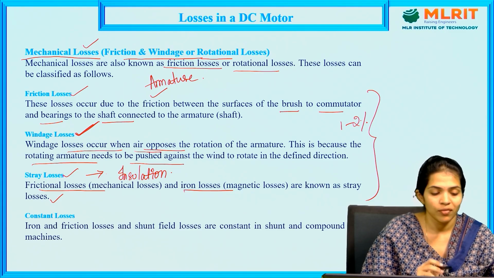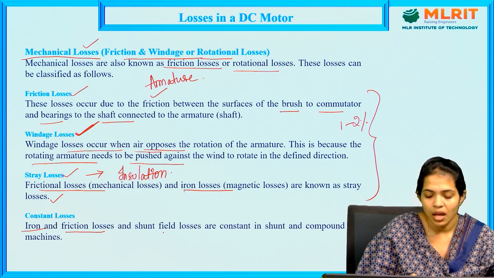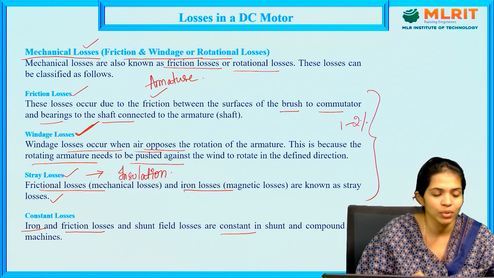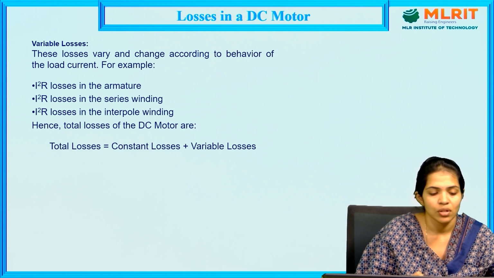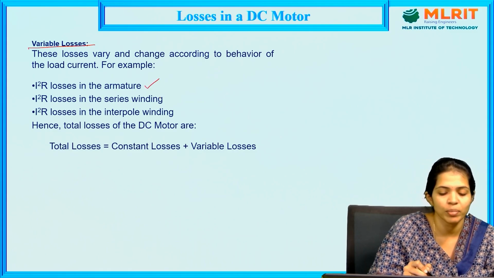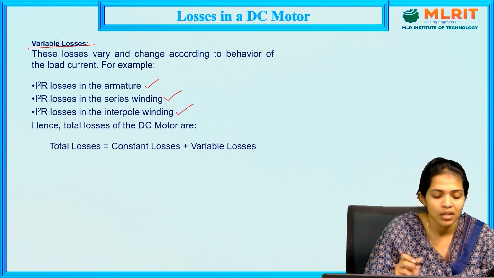Now we can take the magnetic losses and the frictional losses as the constant losses, and the only variable losses which occur in the machine are called copper losses. The variable losses are the copper losses which occur across the armature, series field winding, shunt field winding, and the interpole windings.